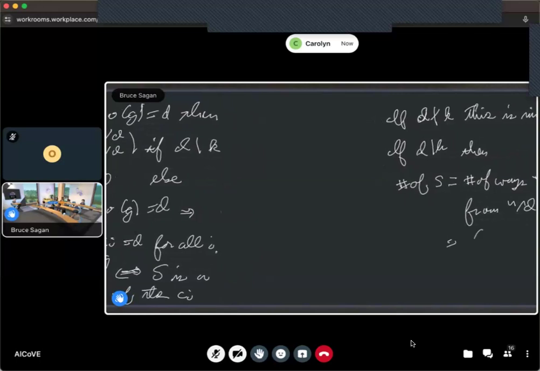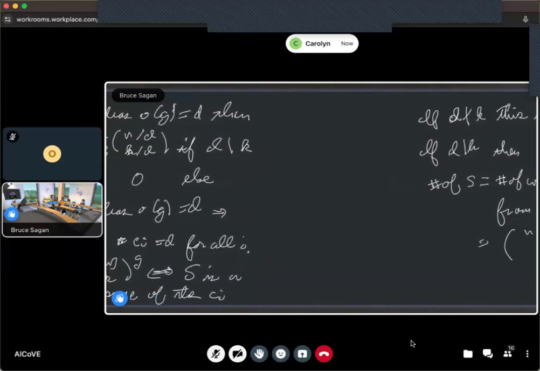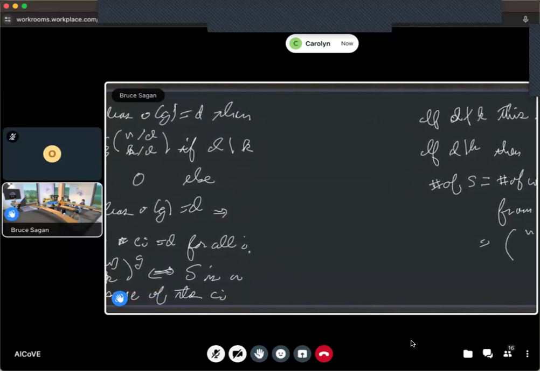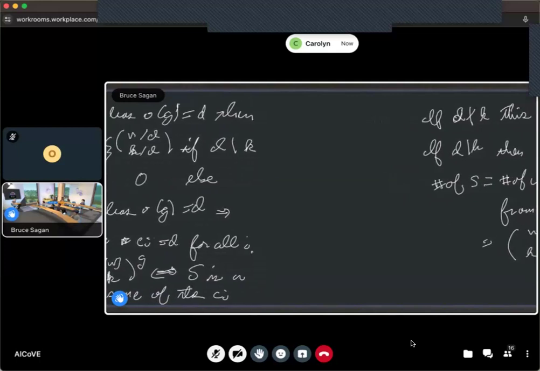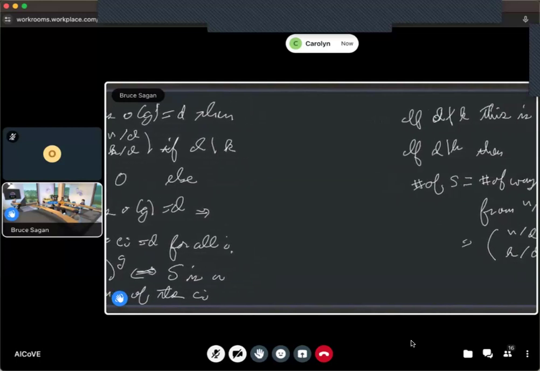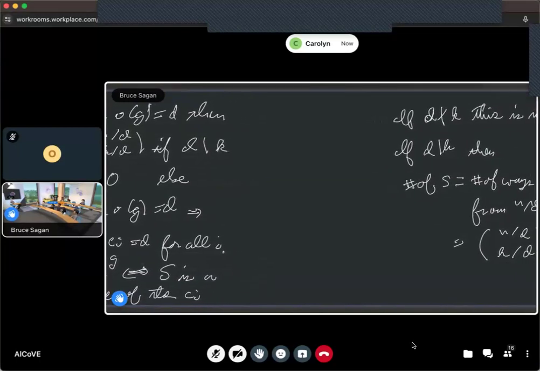But almost by definition, that's this binomial coefficient. And so we're done. Any questions about this argument?